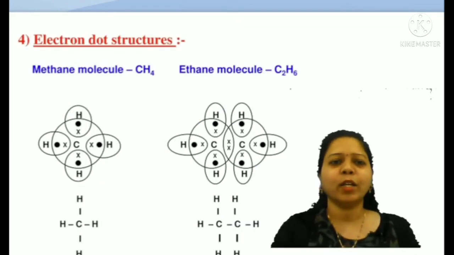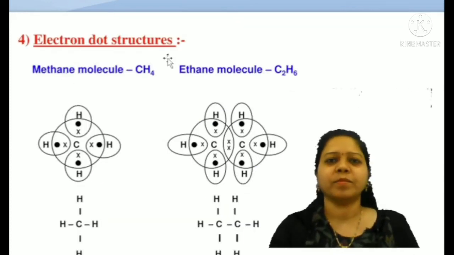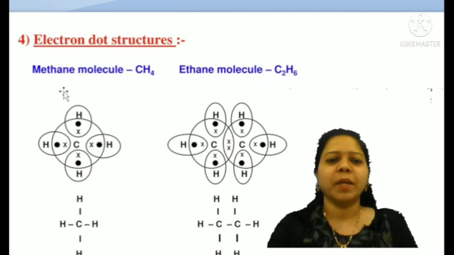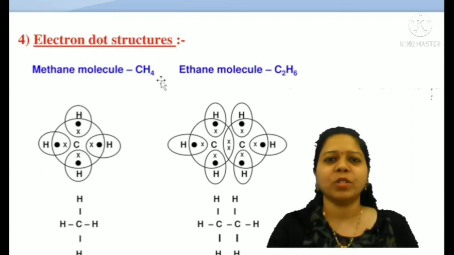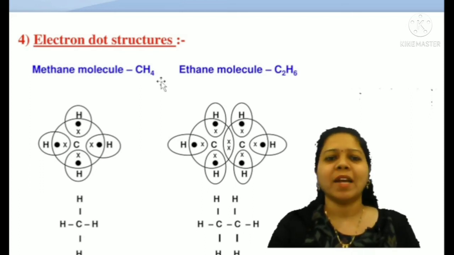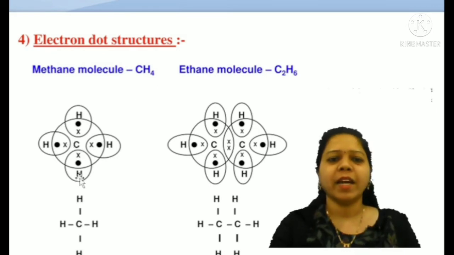Next we'll see the electron dot structure. How to show that? The methane molecule, that is CH4. In the electron dot structure we show only the valence electrons which are present in that atom. CH4 is the molecular formula of methane.